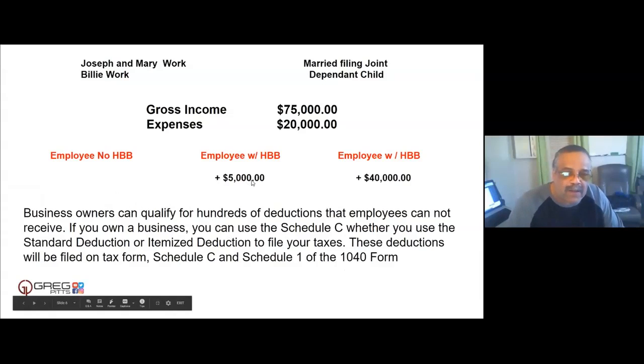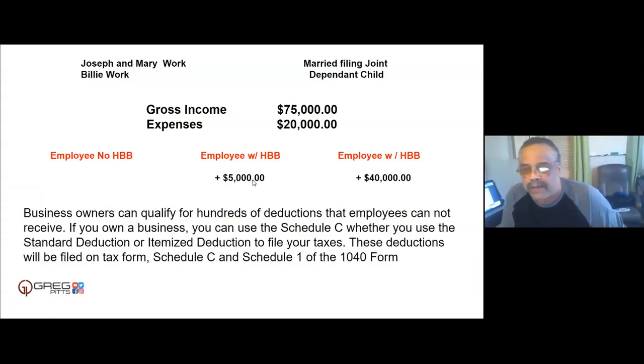Then someone who started their business but only made $5,000 during the year, with $20,000 in expenses. And last but not least, somebody that made $40,000 in their business, in addition to the gross income of 75. So let's take a look at these 3 different scenarios.